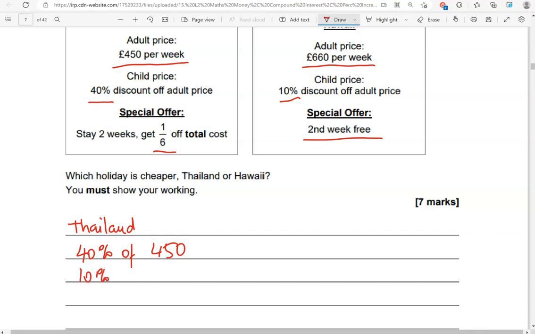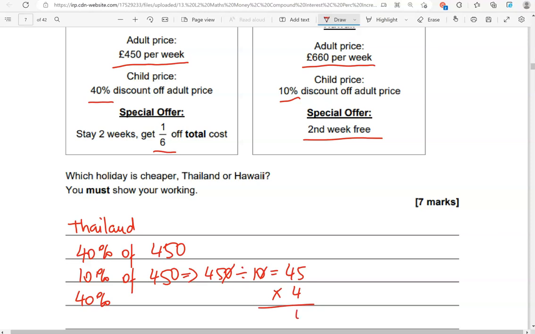So 10% of 450, that is 450 divided by 10, which means knocking off a 0, so that is £45 for the 10%. What about 40%? That will be 4 times that. So we're going to multiply 45 by 4.